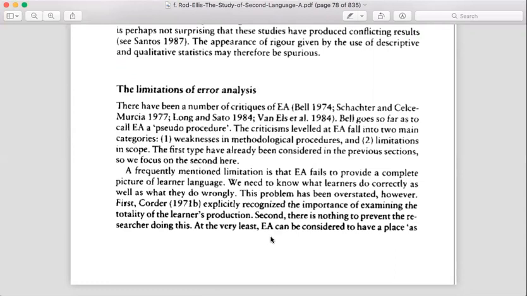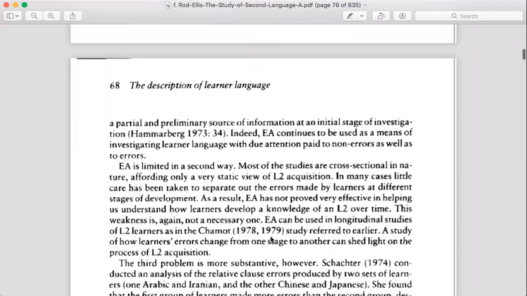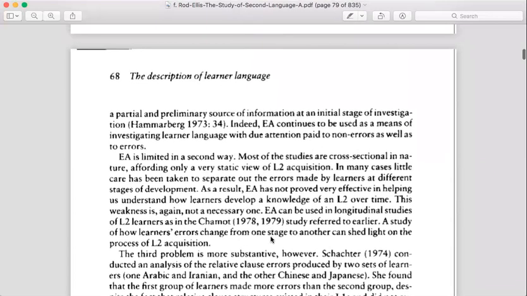So this problem has been overstated, however. Corder explicitly recognized the importance of examining the totality of the learner's production, and there is nothing to prevent the researcher from doing this. So error analysis, in a way, is an incomplete process as a matter of its limitation, because it cannot evaluate the whole language of the learners, which is of course impossible.